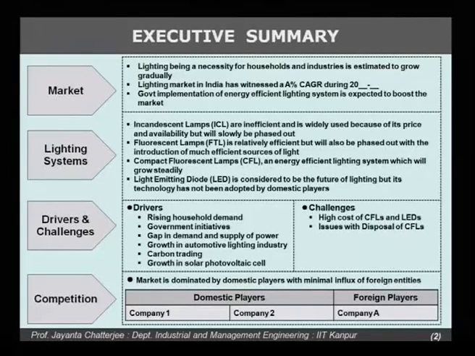The market is again quite significant. I have removed some of the figures because you are supposed to investigate and find out what is the size of this market today, say in 2012. Where is this market supposed to go 5 years from now?